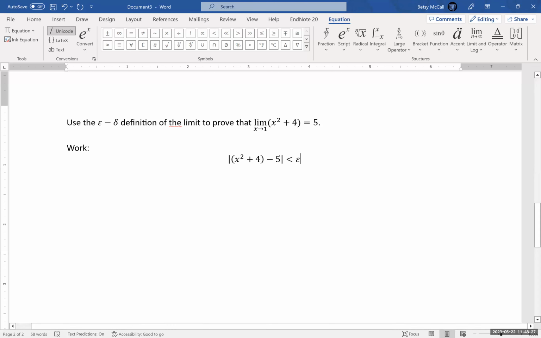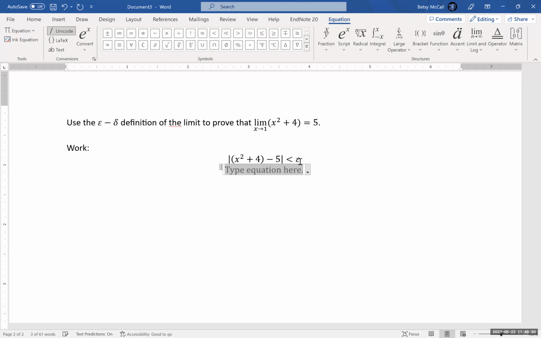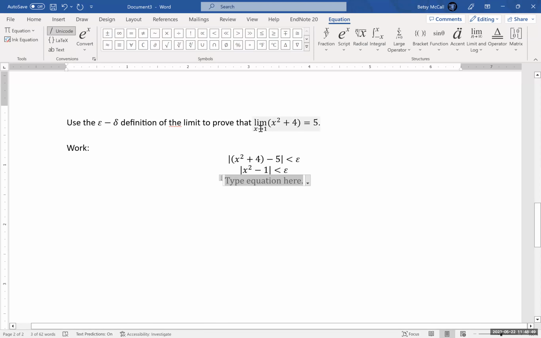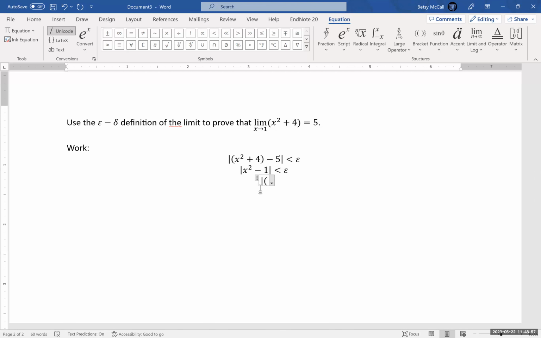All right, so given that, if we simplify the expression inside the absolute value, we end up with this. And then keep in mind our x minus c in this case is x minus 1. So what I'm going to do here is factor: the absolute value of x minus 1 times x plus 1 is less than epsilon.